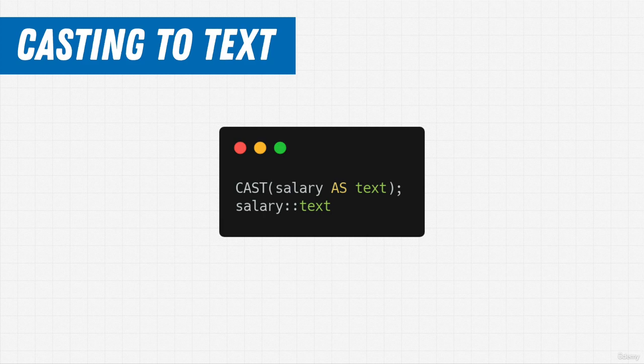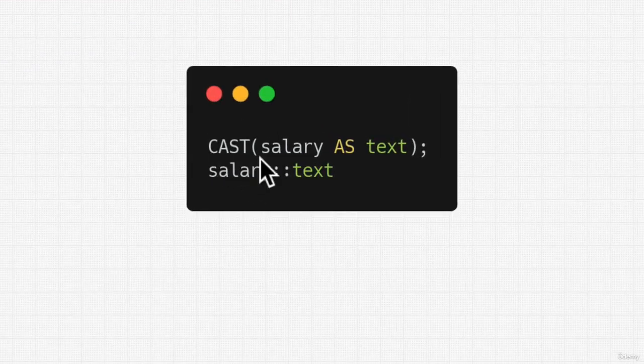There are 2 different ways of casting. Over here, you can see that casting to text can be done with the cast keyword. You could say cast salary. Salary being a number. We know salary is a number because it comes back as 100,000, 80,000, 70,000, whatever the case, it's a number. So we say cast, and it's a function.